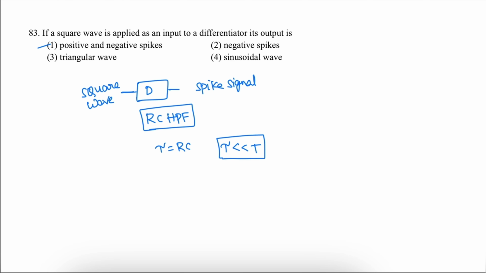Then this RC high pass filter acts as an excellent differentiator, if the time constant of the circuit is very small in comparison with the time period of the input signal to make an appreciable change. This differentiator circuit converts square wave input to positive and negative spikes.